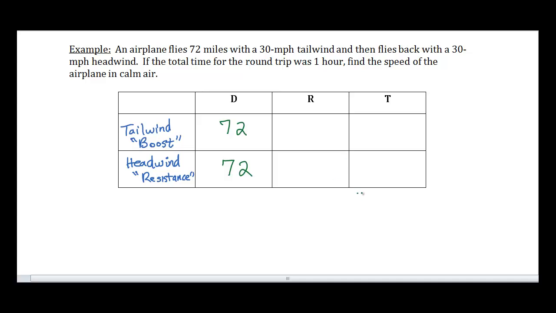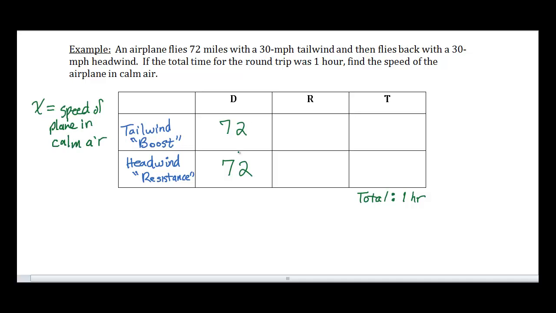So for the total time, I can't put 1 hour in each, and I don't know if it's half and half. I don't know how much time it takes in each individual direction, but I know the total time is 1 hour. I'm not given anything about how the plane is actually flying, so I'm going to let x be my speed of my plane in calm air.